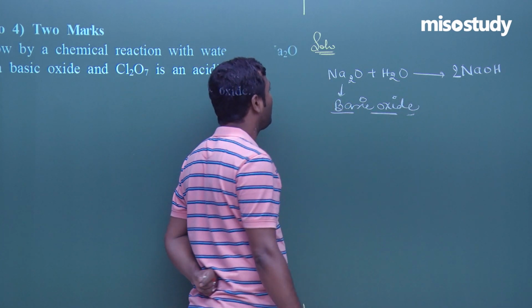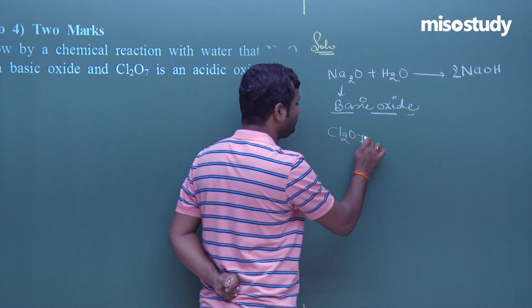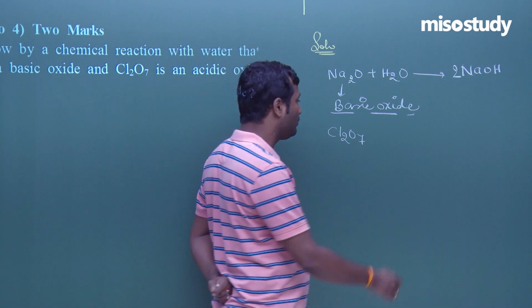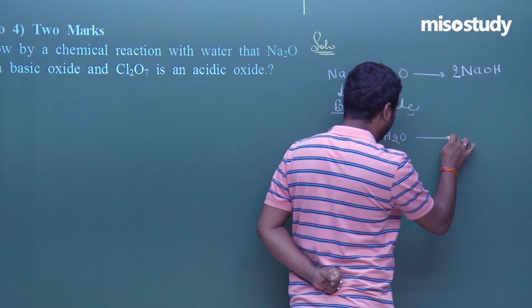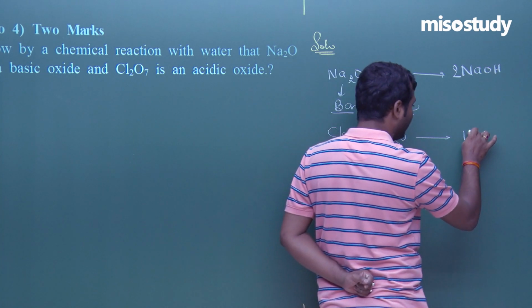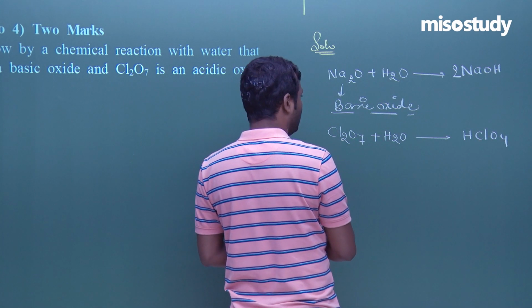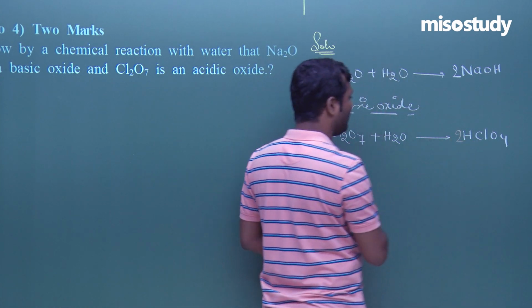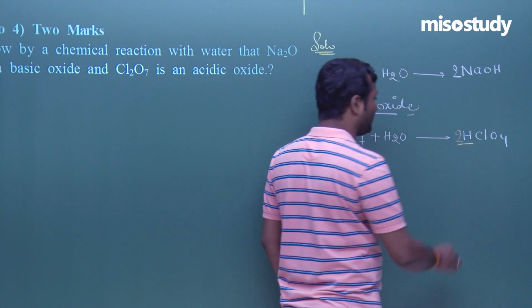When we dissolve Cl2O7, clear? Cl2O7 in water, then what do we observe? It forms HClO4. Now what to do? Like this, balance them, HClO4. That is, it contains H plus ion.